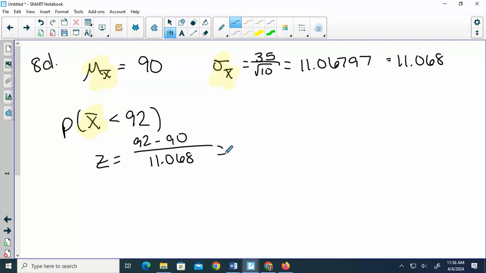So if you use 0.068, we get 0.18. So we're finding the probability that z is less than 0.18. Less than is the number from the table. So if we look up 0.18, we get 0.571.